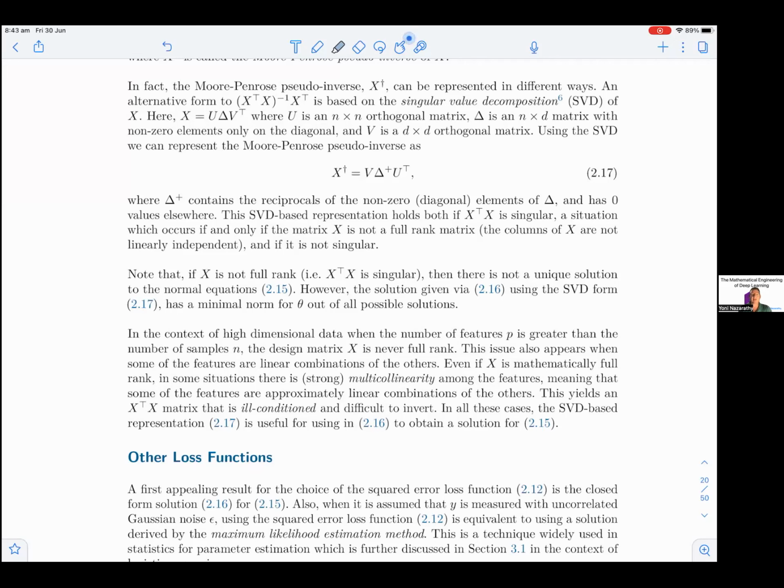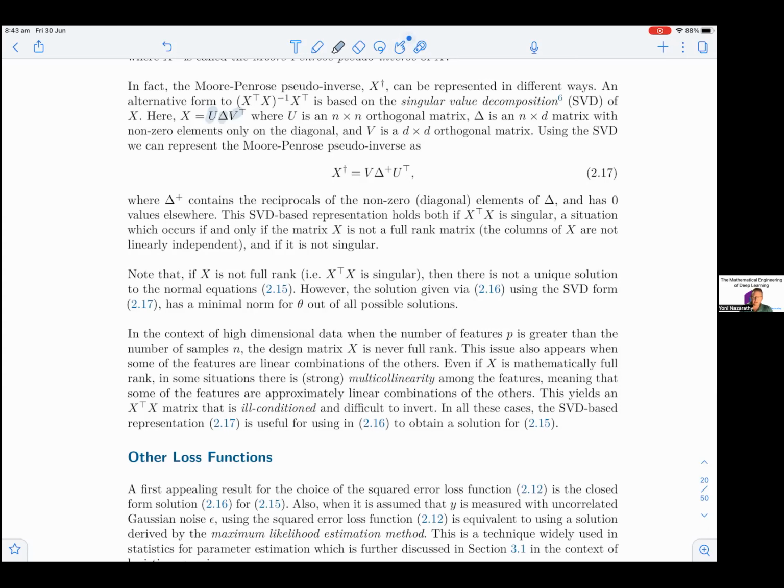Any matrix has an SVD. Delta is a quasi-diagonal matrix: it has non-zero elements only on its diagonal, but it's not necessarily square.